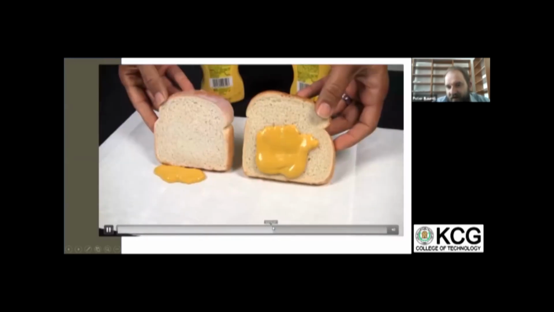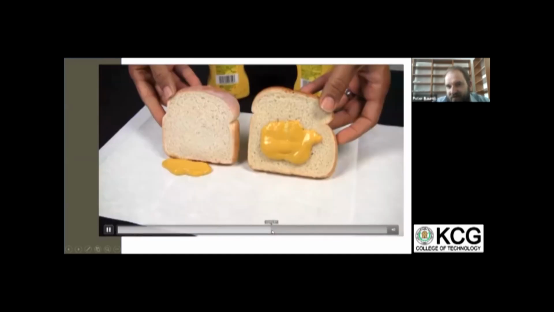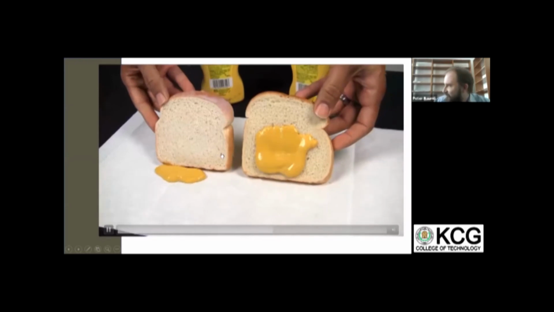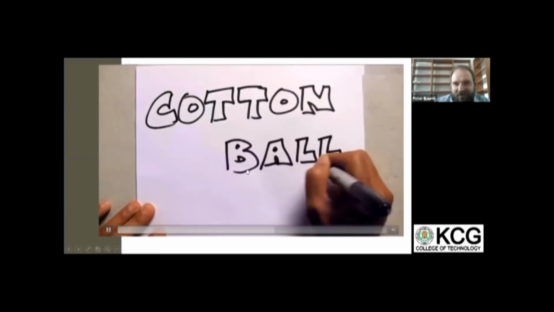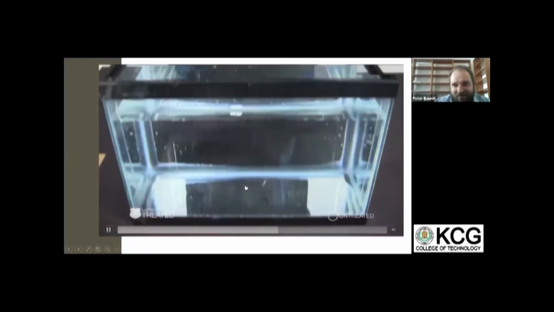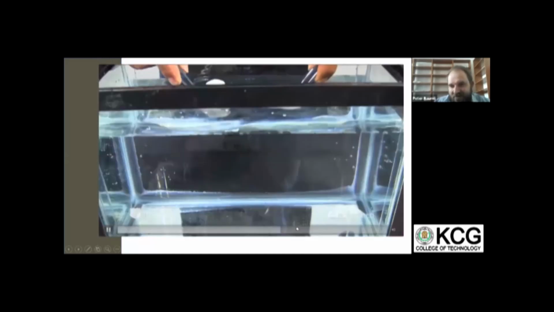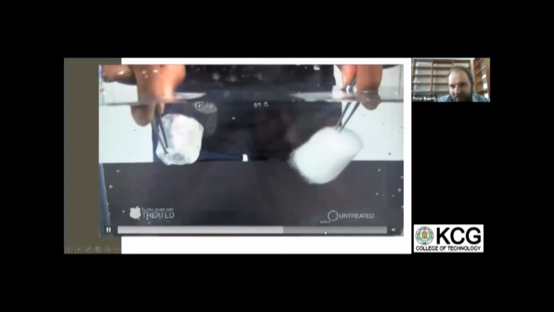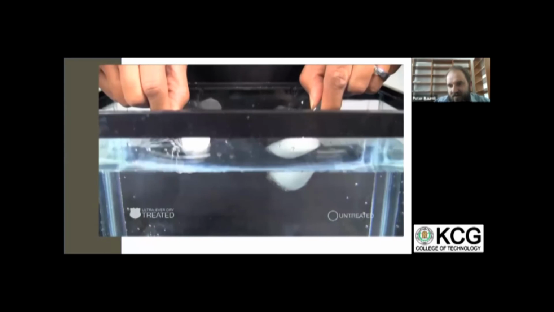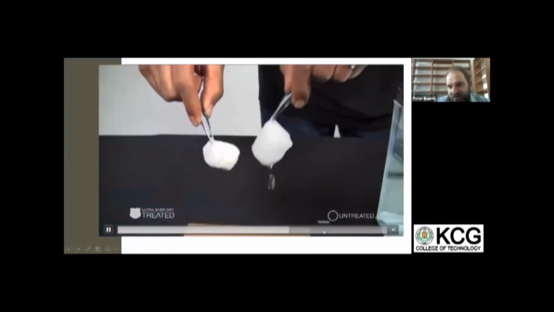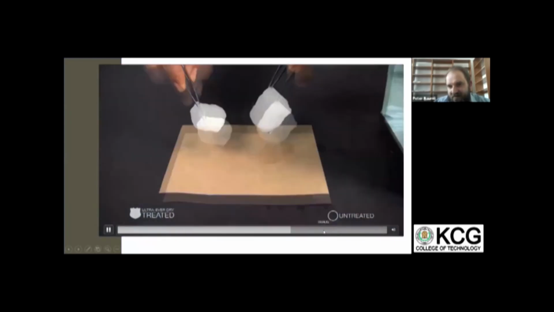Oh well, I would like to show you this mustard. You aren't able to cover the bread with mustard if it is coated with this special material, or it is a sponge. It's wetted and doesn't.